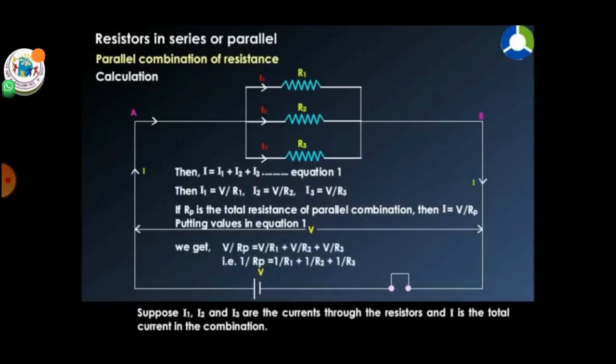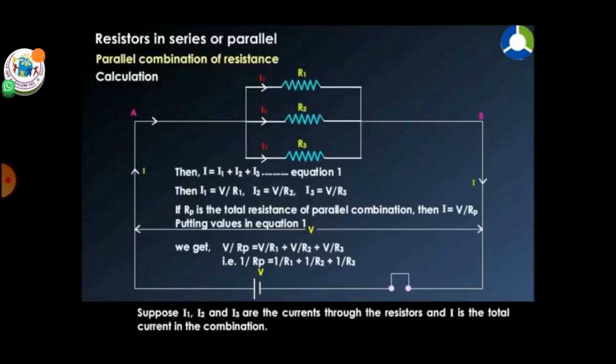Substituting these in the above equation 1, you will get 1 by Rp is equal to 1 by R1 plus 1 by R2 plus 1 by R3. From this, we conclude that the reciprocal of the total resistance in a parallel combination is equal to the sum of the reciprocals of the individual resistances of the resistors.